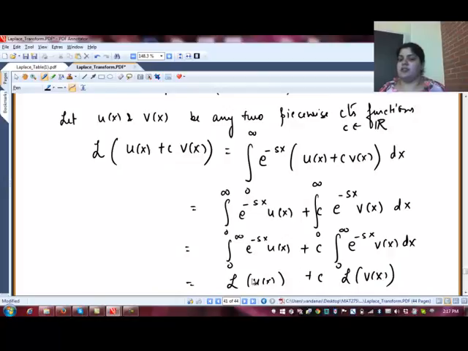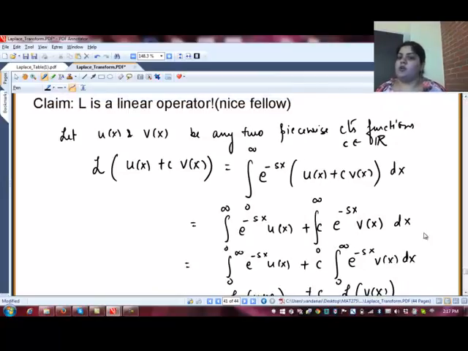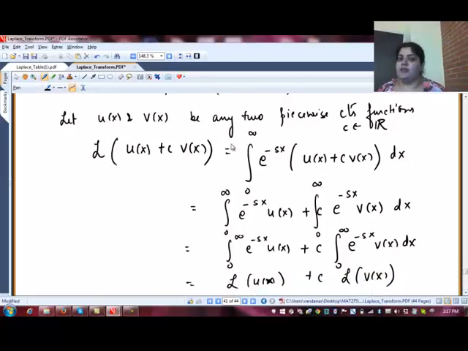So since this splitting happens naturally because of the integration, the Laplace transform is also linear, and that helps us to not put these complicated functions all together in the definition, but we can separately find the Laplace transforms and add them up later on. Okay, so this is there.